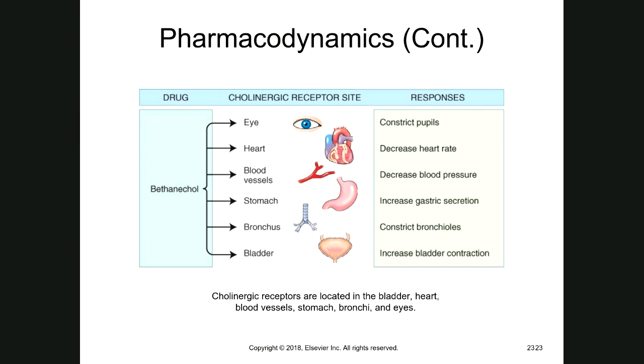When you're talking about different cholinergic response sites, you can actually see how different drugs will reflect, how it affects the pupils, and how the blood vessels are going to constrict or dilate.